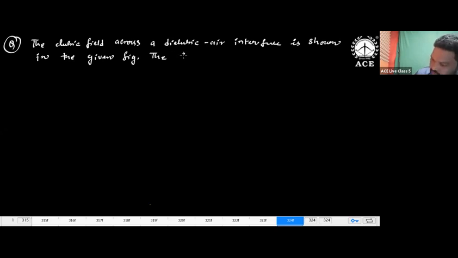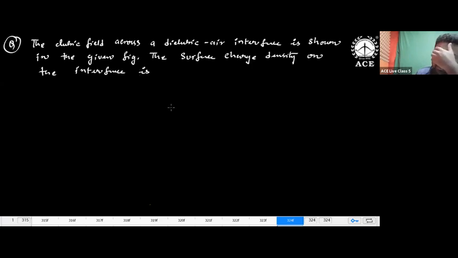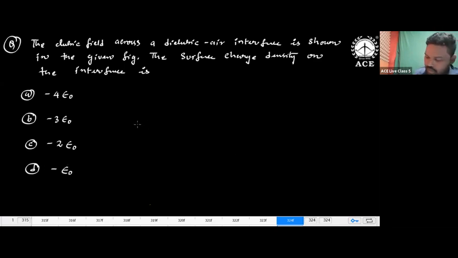The surface charge density on the interface is, options are given: option A, -4 epsilon naught, option B, -3 epsilon naught, option C, -2 epsilon naught, option D, minus epsilon naught. This is the diagram he has provided.